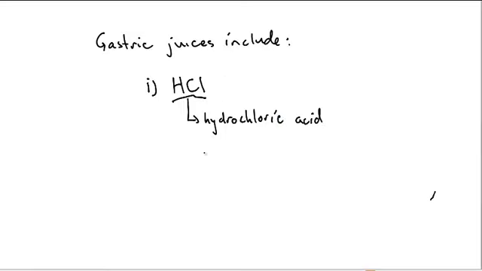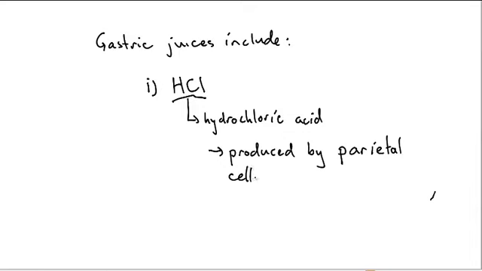And this is produced by cells called the parietal cells that line the gastric pits.